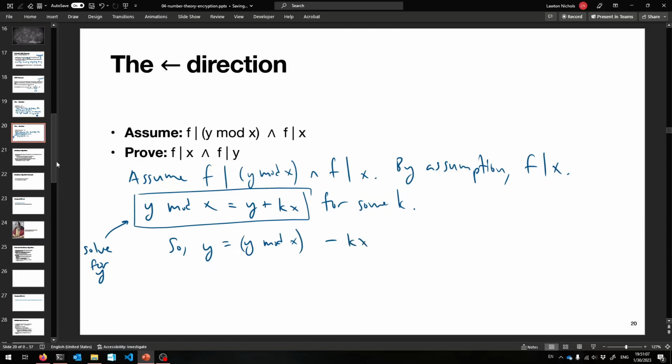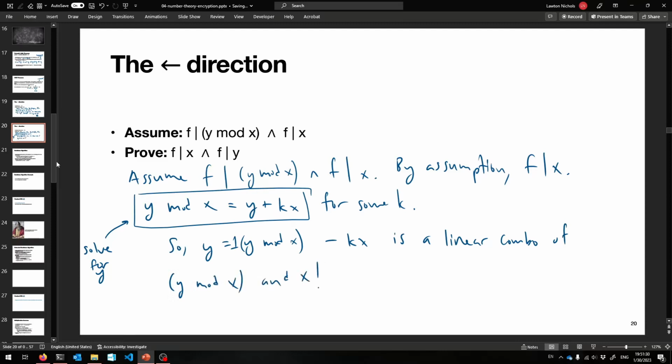And what is this? There's a 1 out there, right? What is this but a linear combination of y mod x and x?